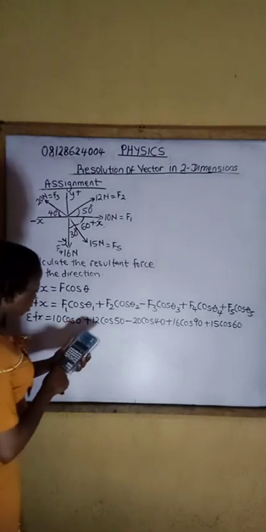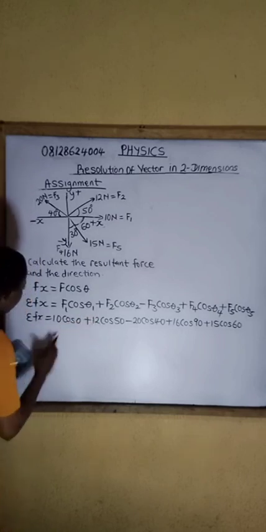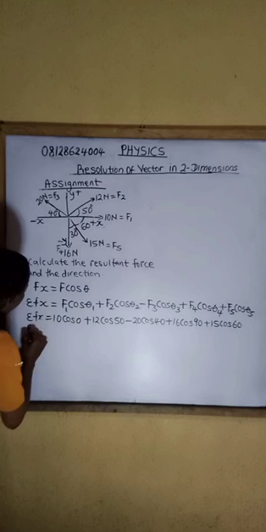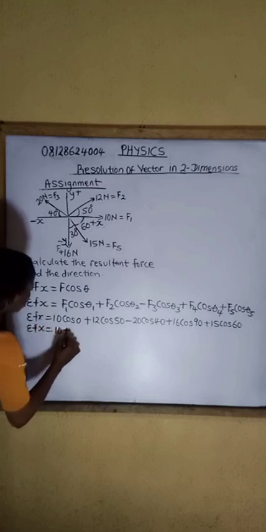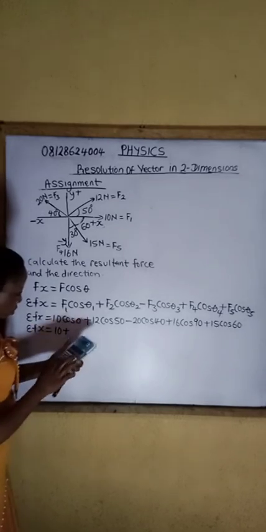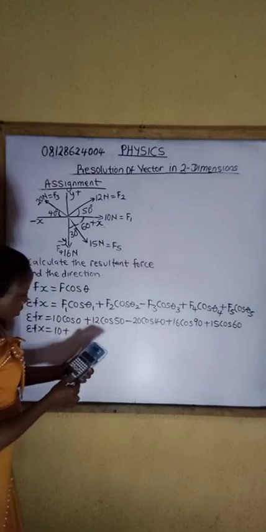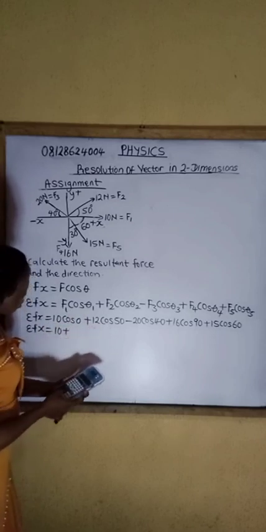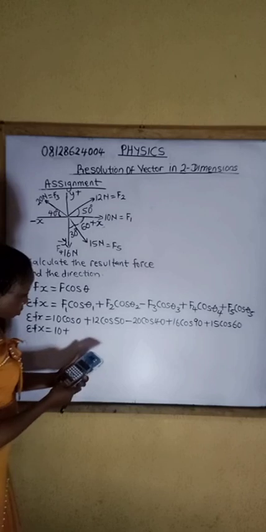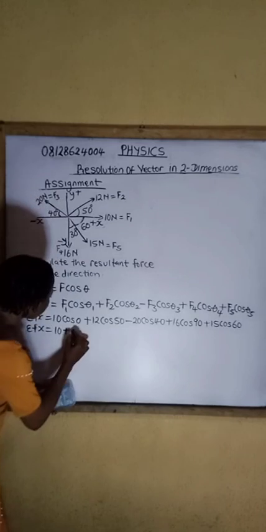So what is cos 0? Cos 0 times this one will give us 10. Summation fx equal to 10 plus, then what is cos 50? Cos 50, then multiply by 12. That is 7.71.